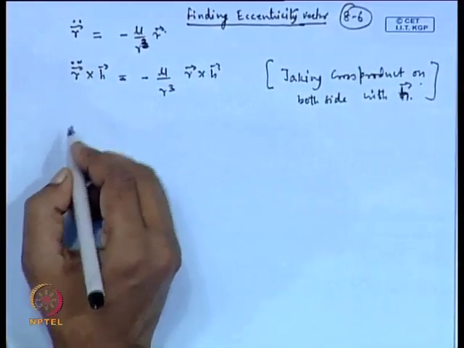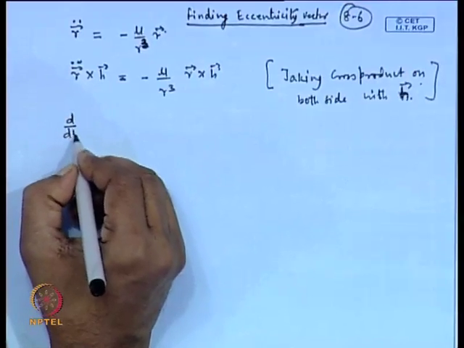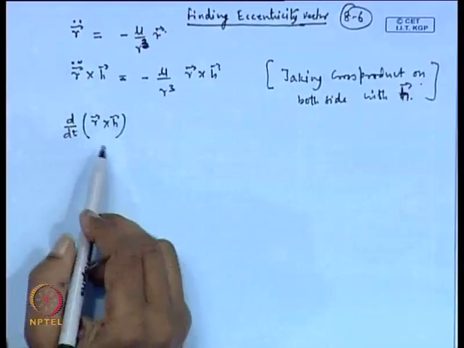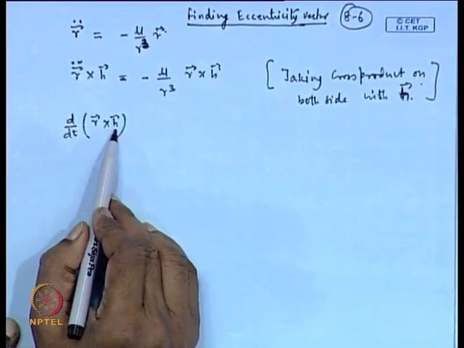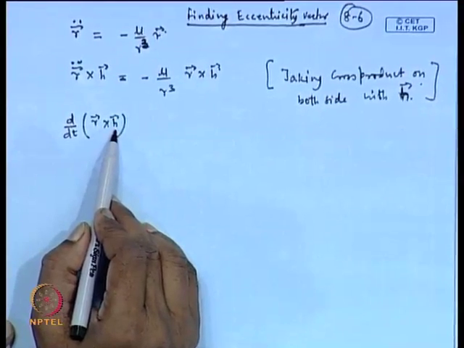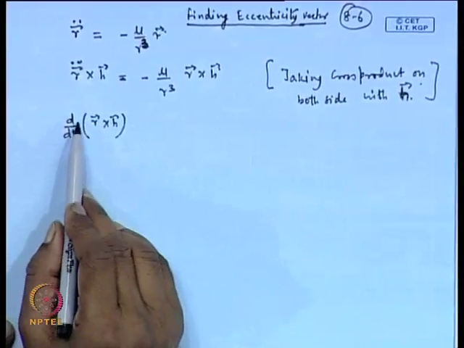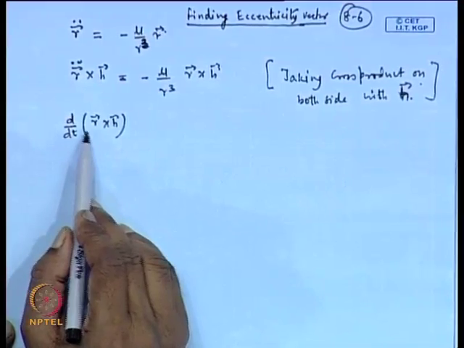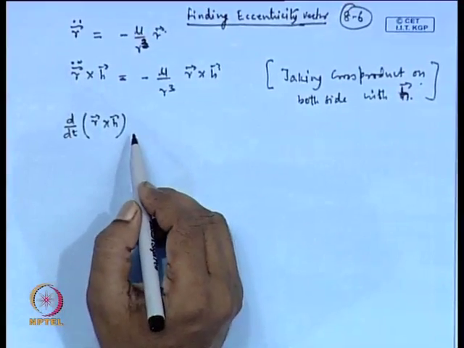So, this can be written as d by dt of r dot cross h. If we take the derivative of h, because h is a constant, that will be 0. So, if you break it, this will give you d square r by dt square, means the r double dot.